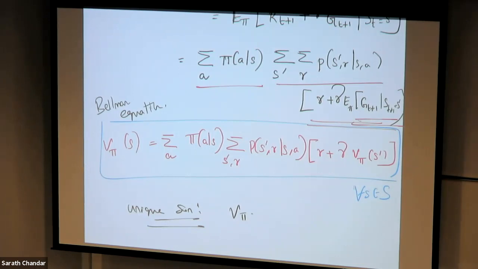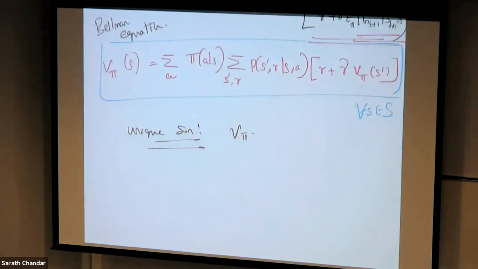Okay, now we can also visualize this equation in terms of what the book describes as a backup diagram for v pi. The backup diagram, which we are going to use for different algorithms that we will see in the future, will tell you how we construct the equation.